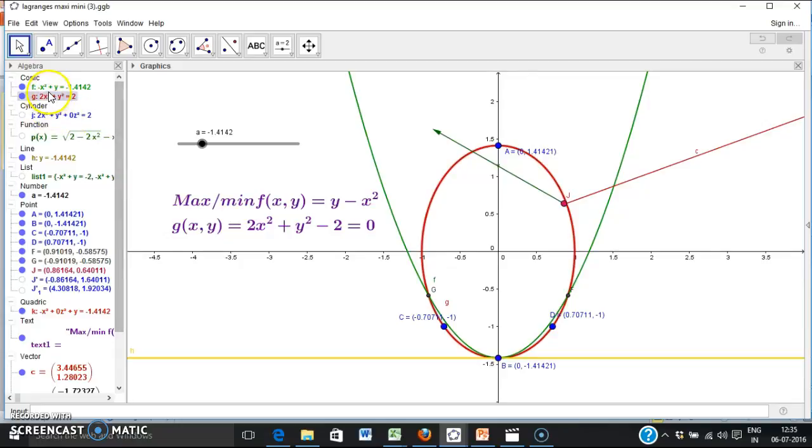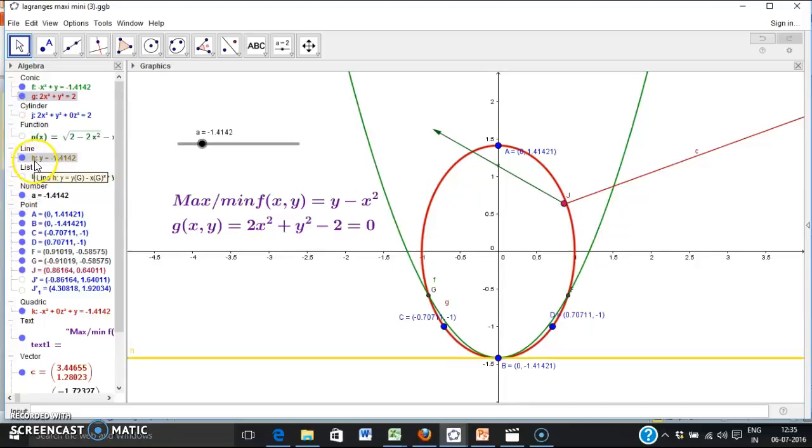Now I have already sketched the function f, that is the green curve, and the function g equal to 0, that is the red curve, which is the ellipse.